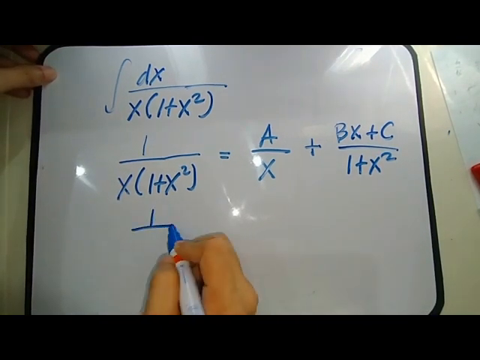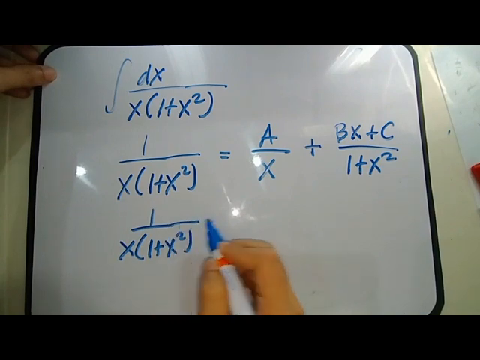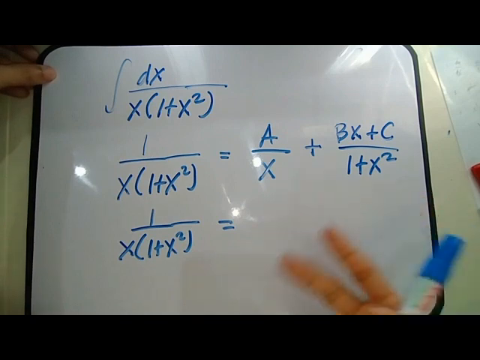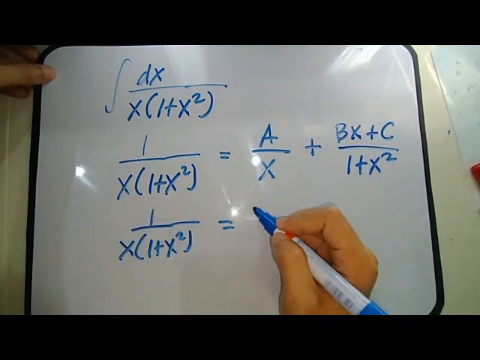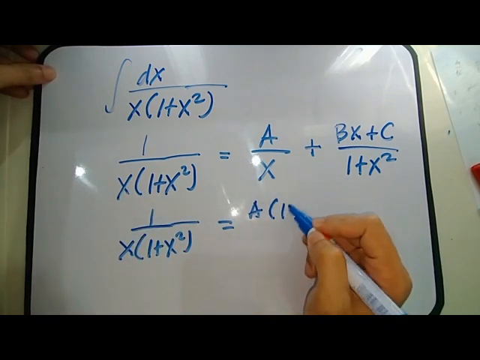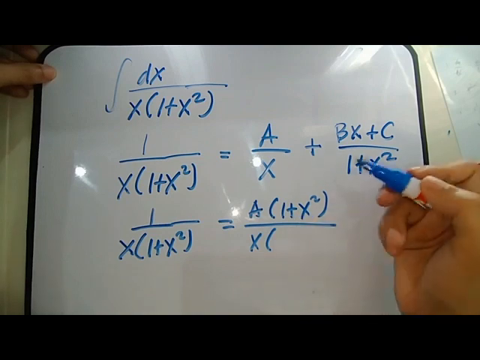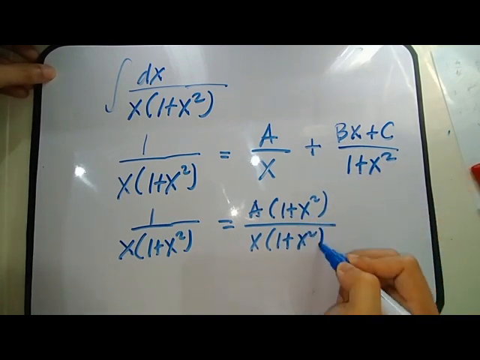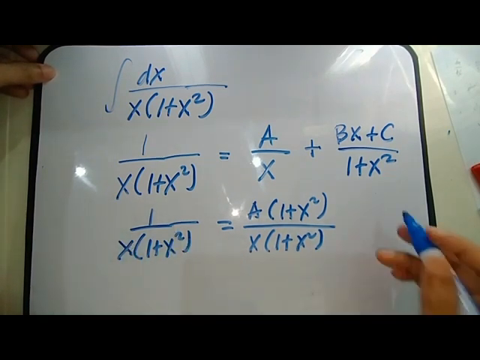So 1 all over x times (1 plus x squared) equals, i-multiply natin sa factor para makuha natin yung LCD. Clearly, A times (1 plus x squared) all over x times (1 plus x squared), kung anong minultiply sa taas, dun din sa baba. So this is our LCD. I-complete lang natin para makancel yung denominator.